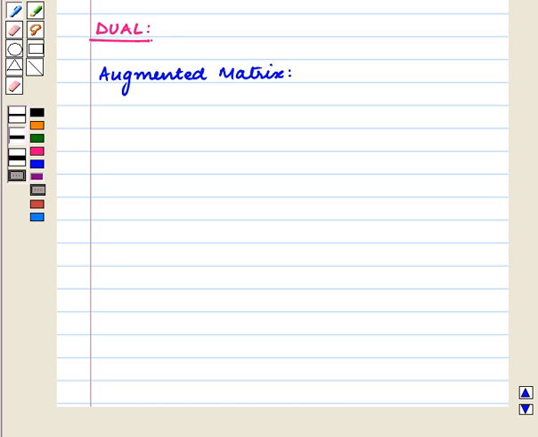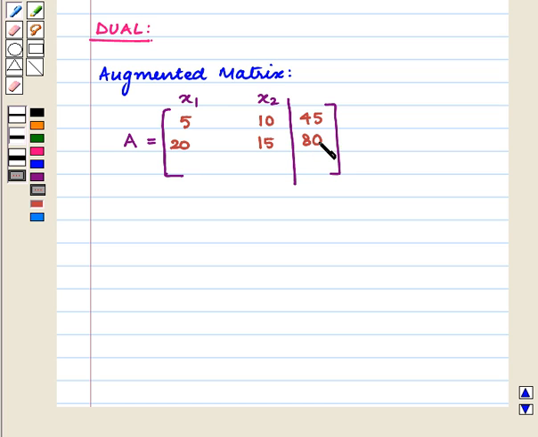We have to write its dual. Let us write its augmented matrix. A is equal to the matrix 5, 10, 45 written row wise, then 20, 15, 80 again written row wise, 400, 450 and 1 again written row wise.